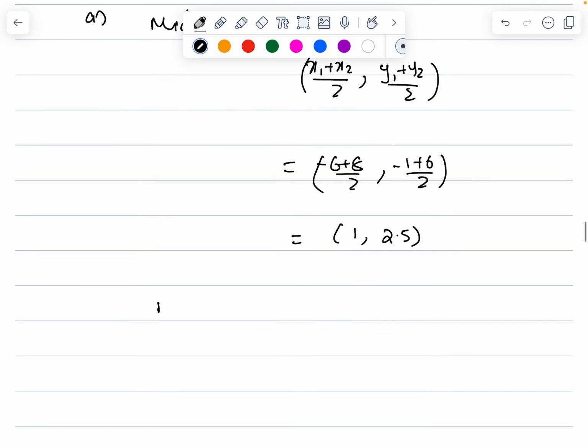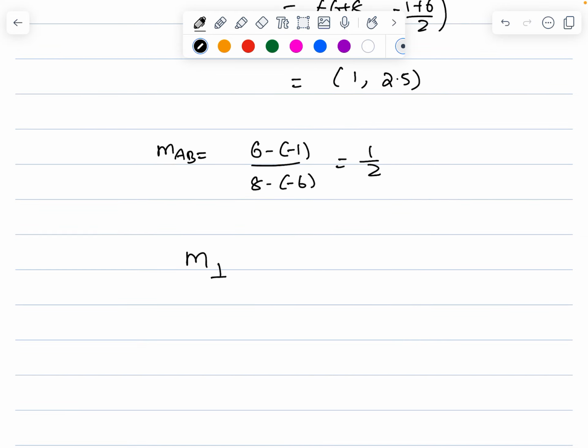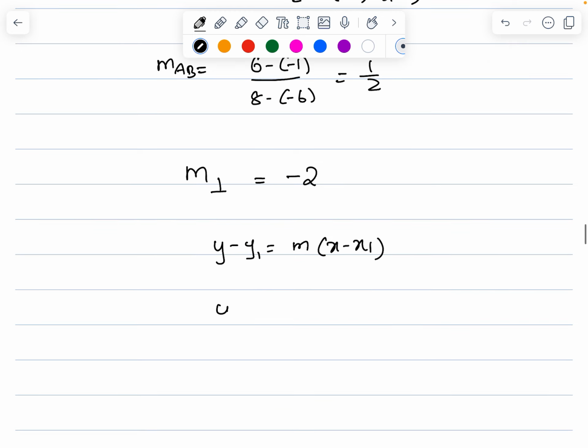Now I find the gradient of AB: (y2 minus y1)/(x2 minus x1), which is 1/2. So the perpendicular gradient will be the opposite sign and reciprocal. Then y minus y1 equals m times (x minus x1). So y minus 2.5 equals negative 2 times (x minus 1).